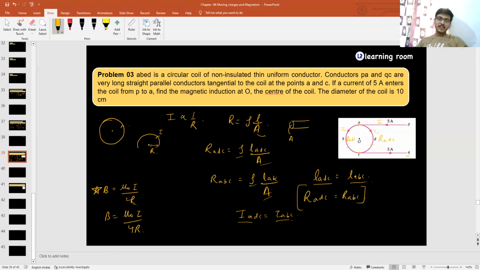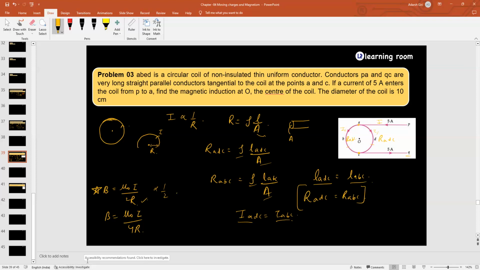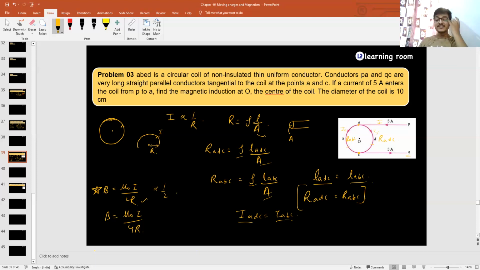Kalpagesh, see here, if we are considering the whole circle, we are taking mu naught I by 2r. So if we are taking half of the circle, we'll multiply this with half, na? Yes, sir. I think you did that mistake. You must be thinking the same thing? Yes, sir. Good. Laya, you were thinking the same thing? Yes, sir. Good. So Vaishnavi answered it correctly. Good. It is mu naught I by 4r.